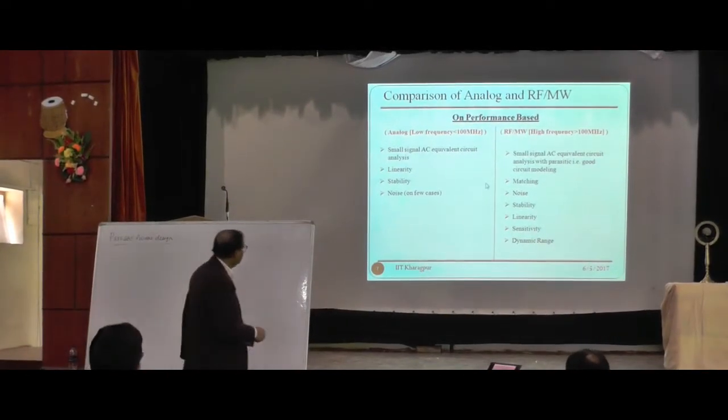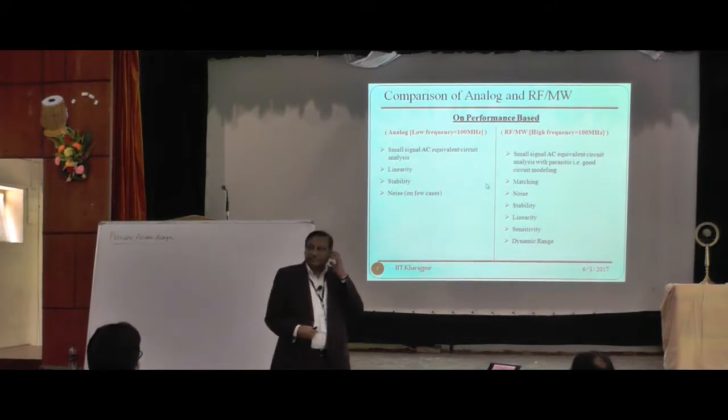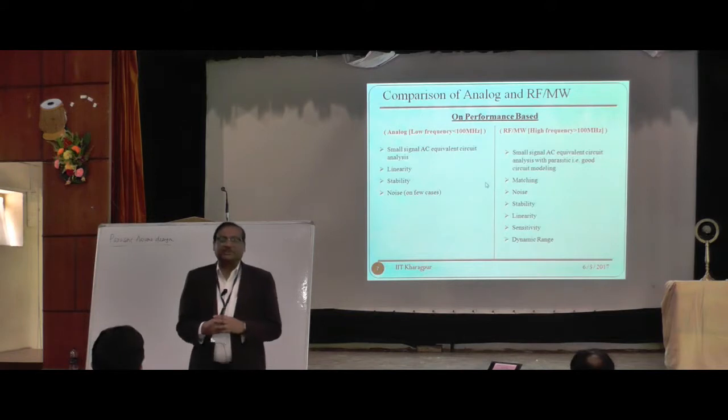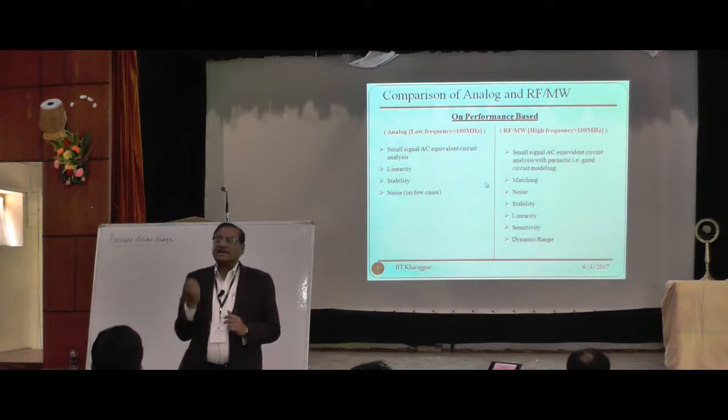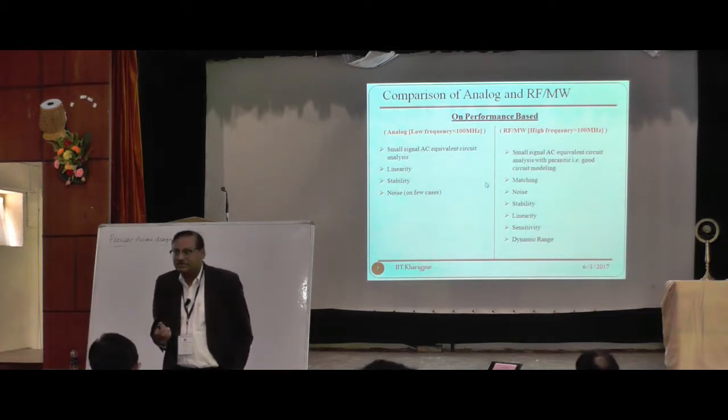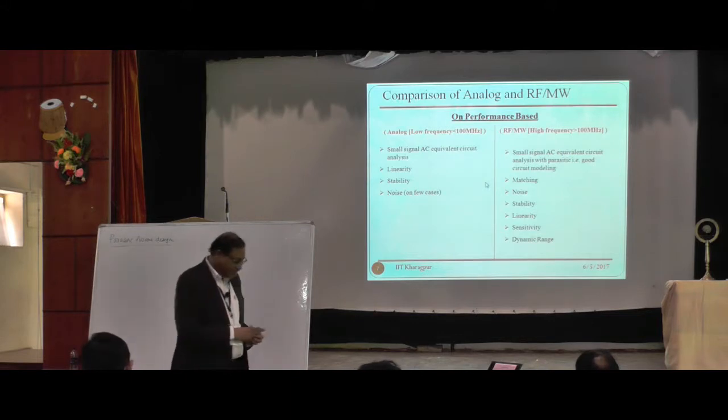So next one is the noise. Now tell me, if you have a signal, what is the determining limit below which signal strength you won't be able to detect the signals? Who tells you? It is the noise.